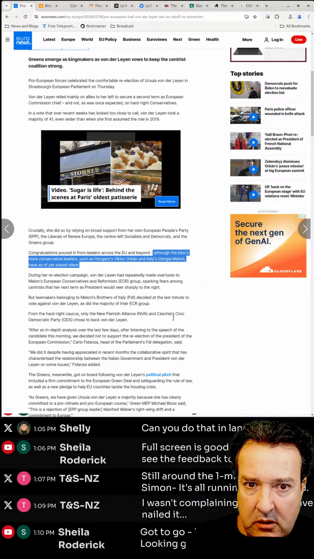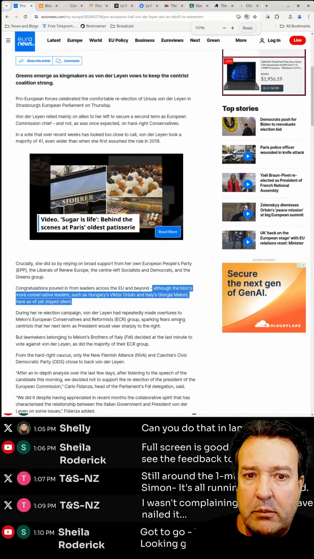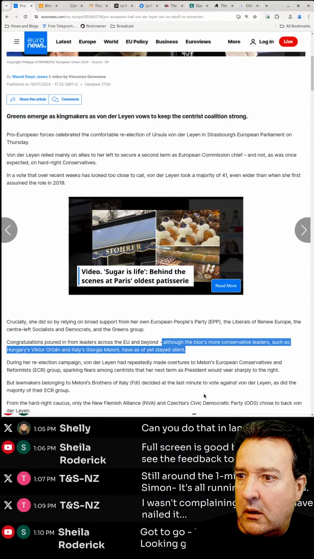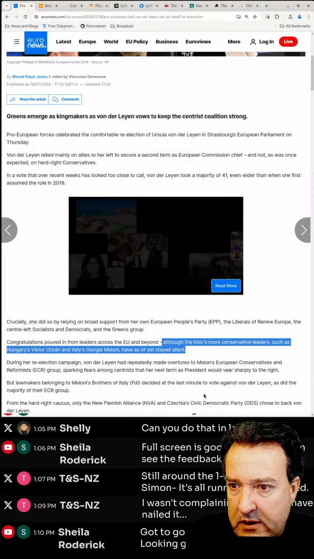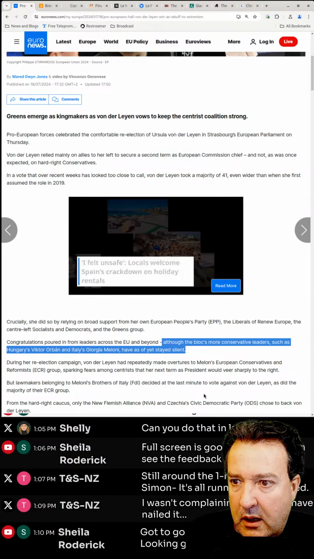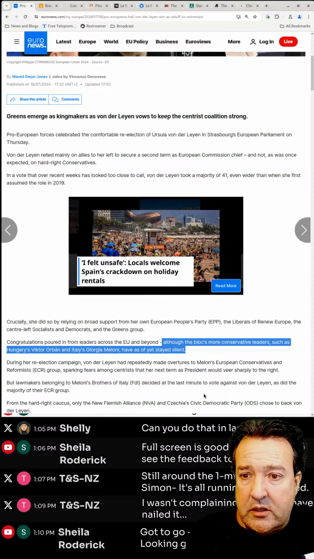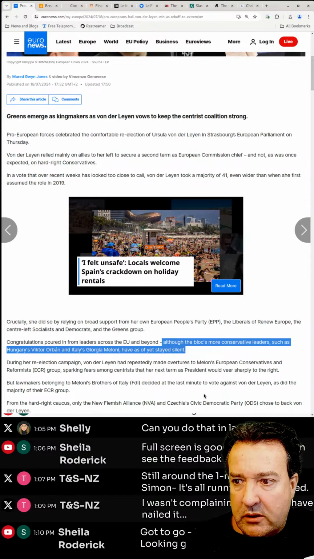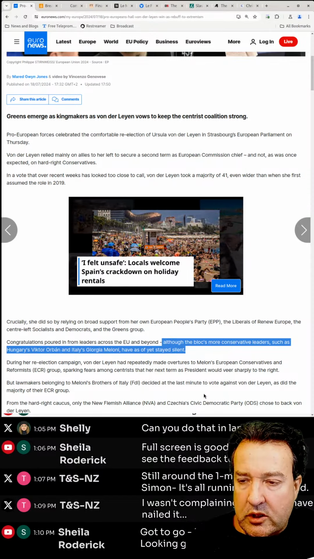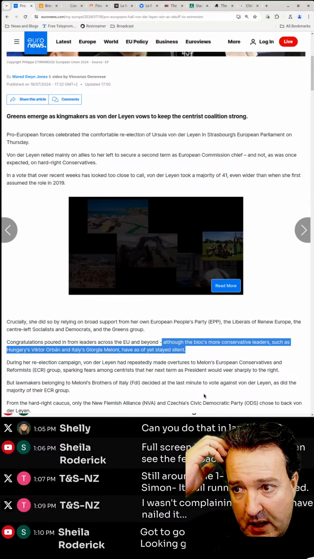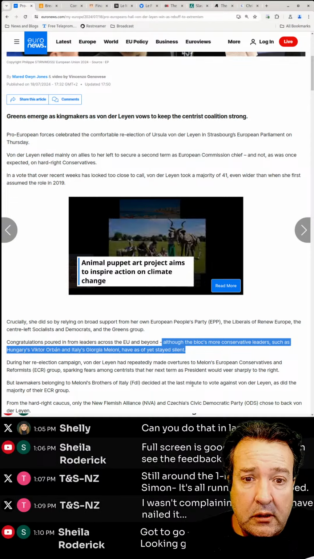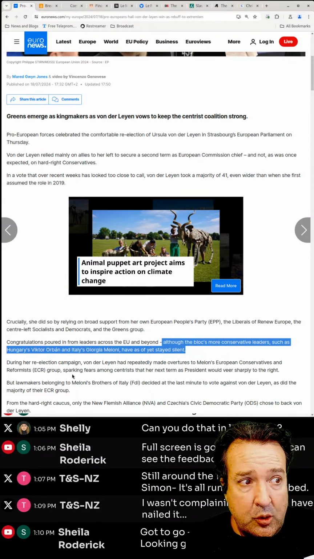Like, here's this section saying, oh, let me make that bigger. Although the bloc's more conservative leaders, such as Viktor Orban and Italy's Giorgia Meloni, have stayed silent. They haven't congratulated her, and there's a reason for that. Any European country which elects a right-wing populist political party gets it in the neck from the European Union, and she's pretty much the person who drives all of that.